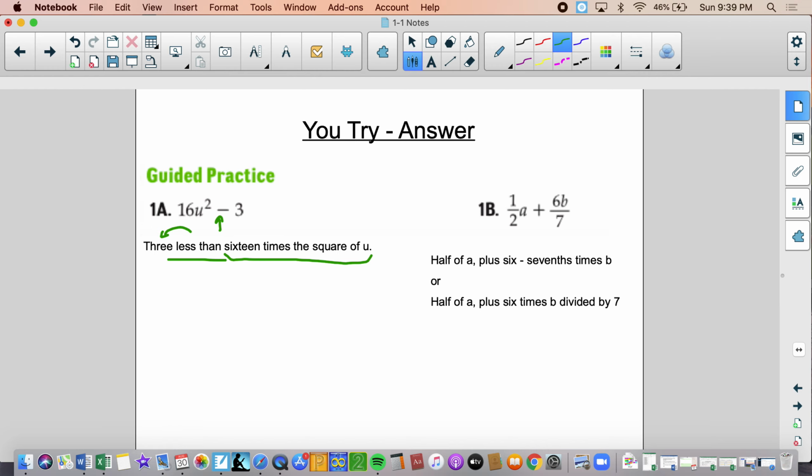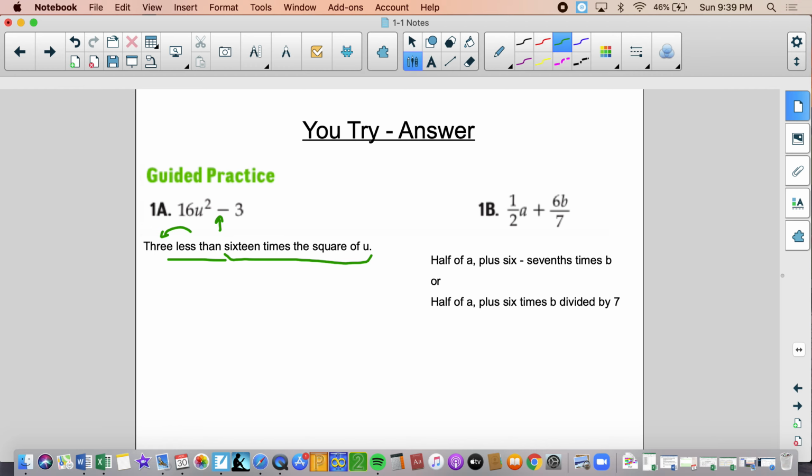Let's look at 1B. You can say 1/2 times a plus 6/7 times b. I'm okay with that. You could also say half of A plus 6 times B divided by 7.